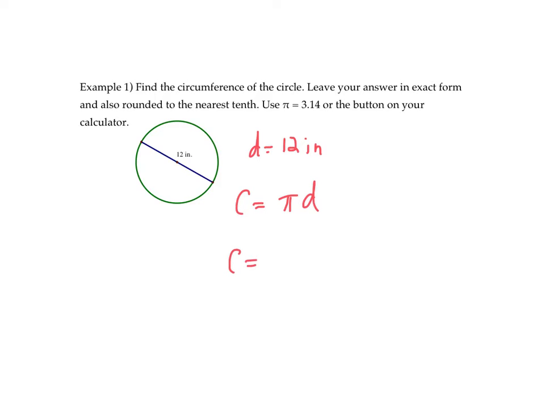So circumference equals 12 pi inches. That would be the exact answer. And next we're going to round it to the nearest tenth. If you go to your calculator, type in 12, and then the pi key, or type in 3.14, and to the nearest tenth we will get 37.7 inches.